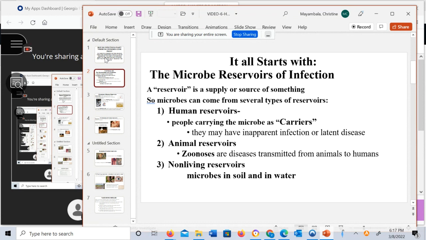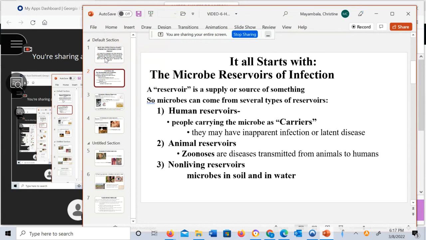A second type of reservoir is animal reservoirs, and this is usually the source of what we call zoonoses, which are defined as diseases transmitted from animals to humans. The third type of source of microbes is non-living reservoirs, and some of these could be soil, water, or even air, which is one of the reasons why we're going around wearing masks.